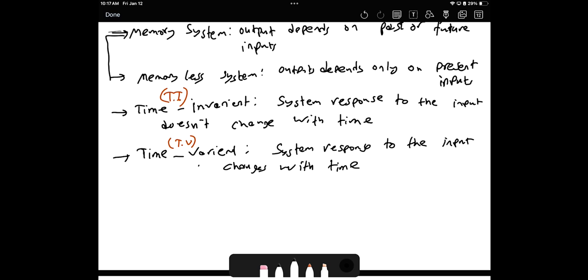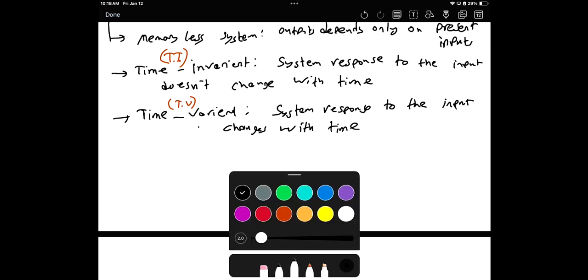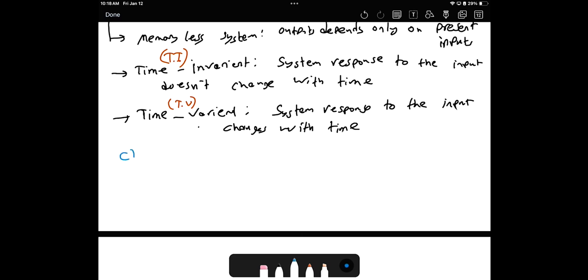Now, when we look at the mathematical model, how can we check if the system is time variant or time invariant just by looking at the mathematical model? So here is the question: check time invariance. If it is not time invariant, then definitely it will be time variant.